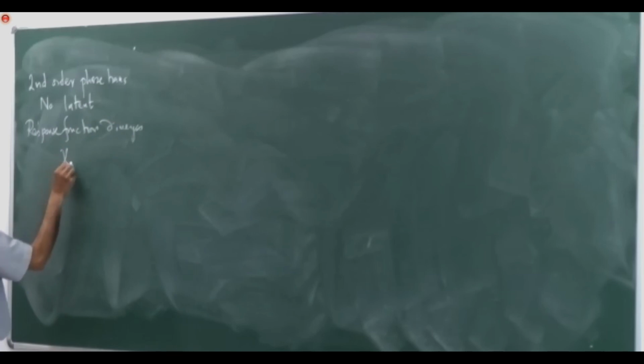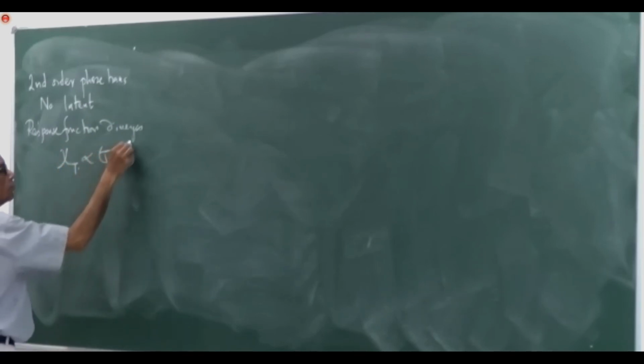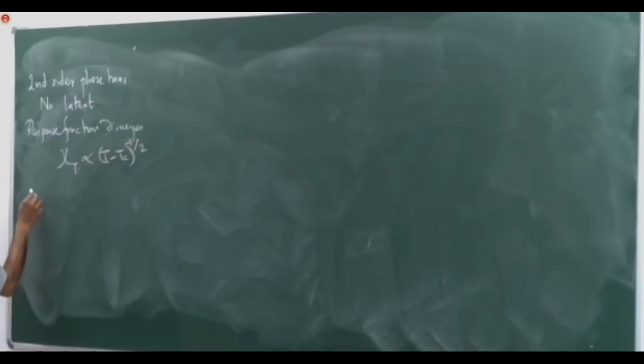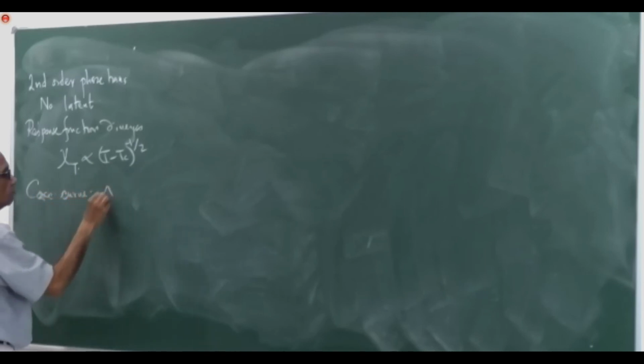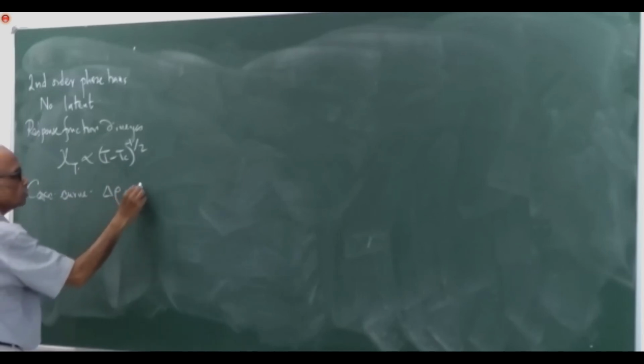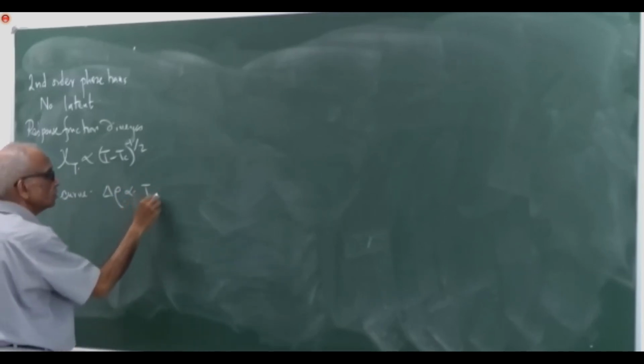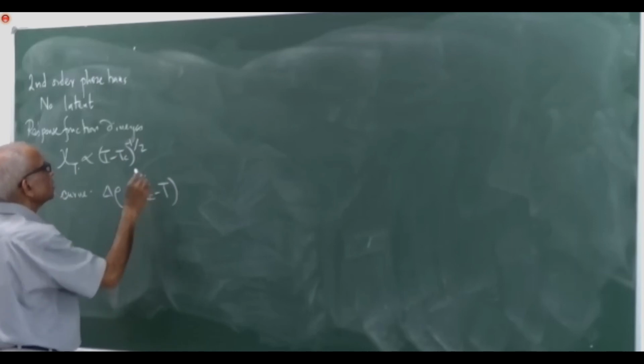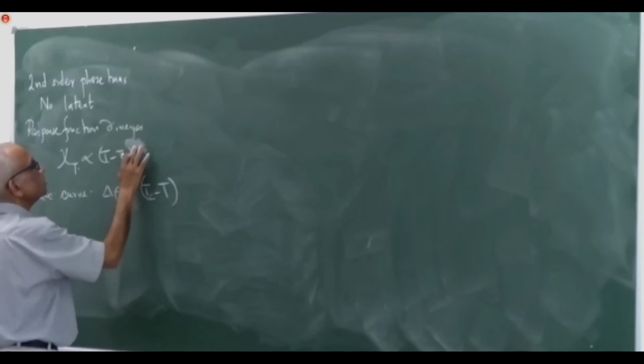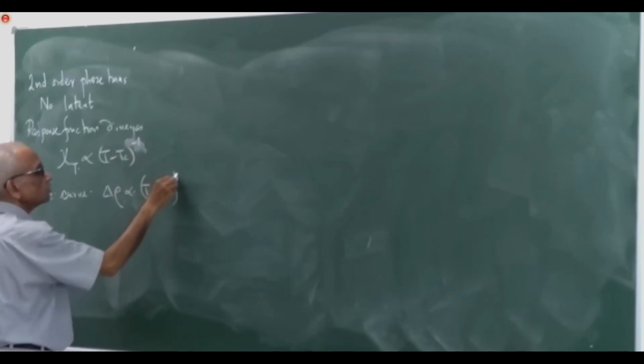So chi, the isothermal susceptibility, goes as T minus Tc to the power minus 1, and the coexistence curve has the behavior where delta rho is proportional to Tc minus T to the power half.